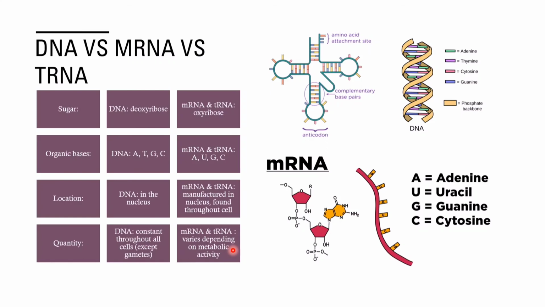This makes sense because depending on the metabolic activity of the cell, different amounts of proteins will need to be constructed, so different amounts of mRNA and tRNA are needed. And then lastly is our stability. DNA is the most stable, then it's tRNA, and then mRNA, because mRNA is a single strand with all of its bases exposed, it can be easily degraded.